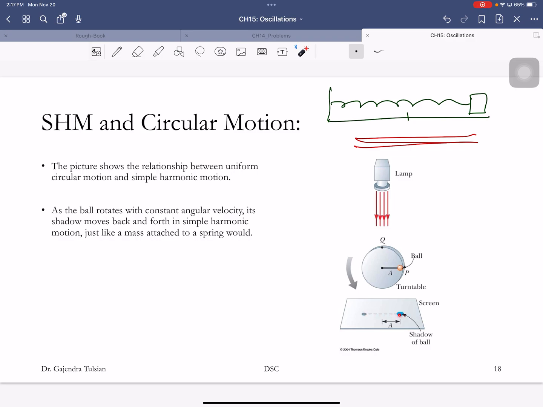And the motion of this shadow is exactly equal to that. Did you guys understand that? So, a simple harmonic motion is a projection of a uniform circular motion. You could do the same thing, project one image over here, okay? So it turns out that uniform circular motion is a sum of two simple harmonic motions.